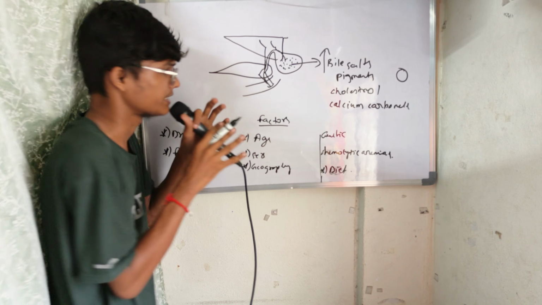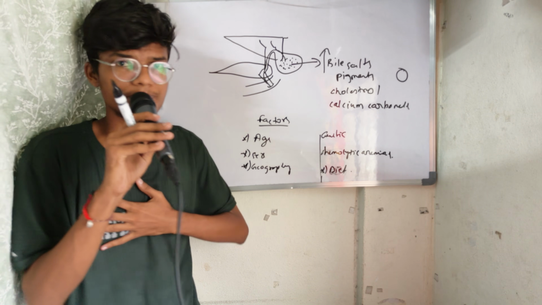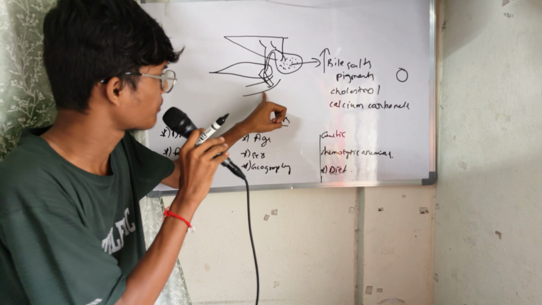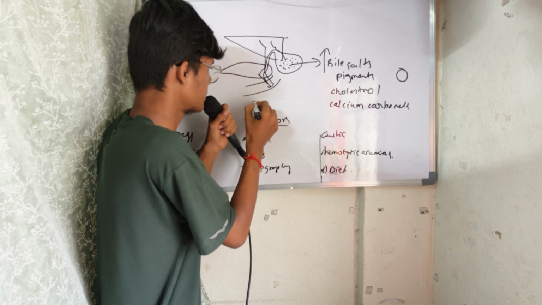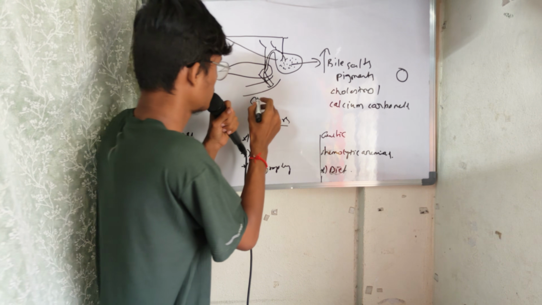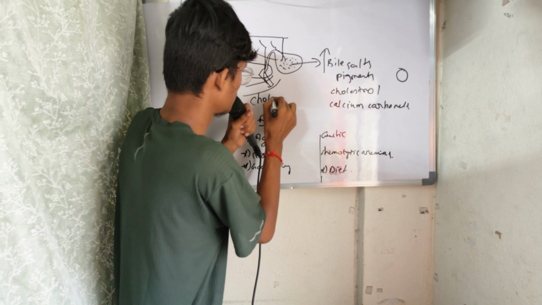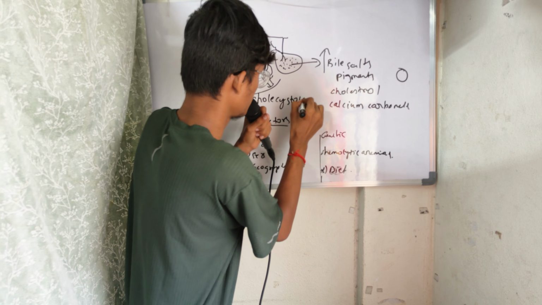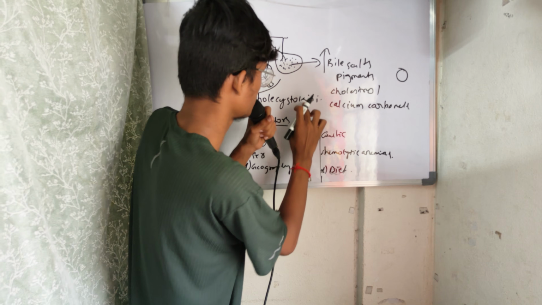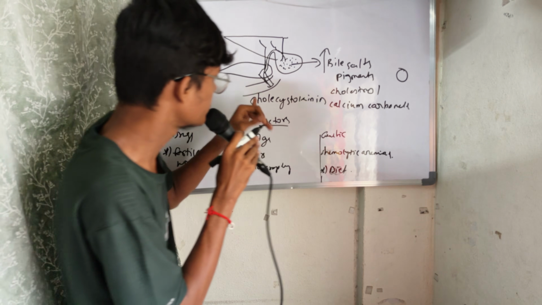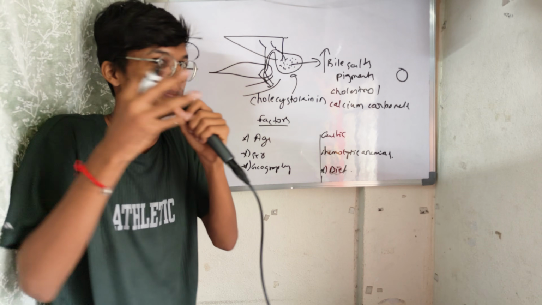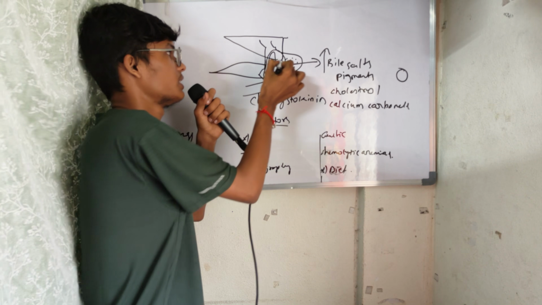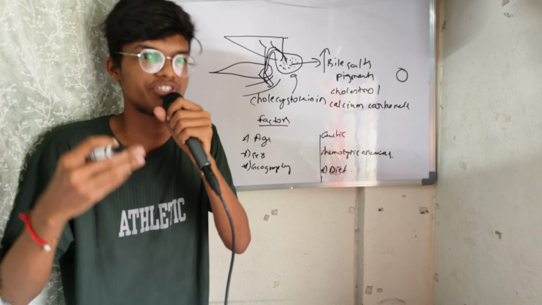One more thing: whenever a person takes food, what happens here? From the small intestine a substance is released that is known as cholecystokinin. This cholecystokinin goes near the gallbladder and makes it contract so that the bile is excreted more efficiently.